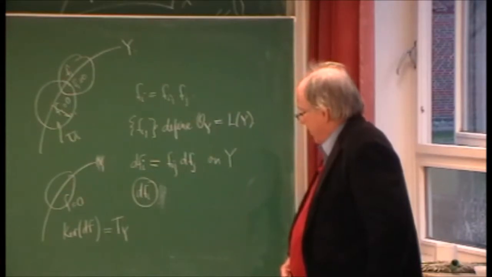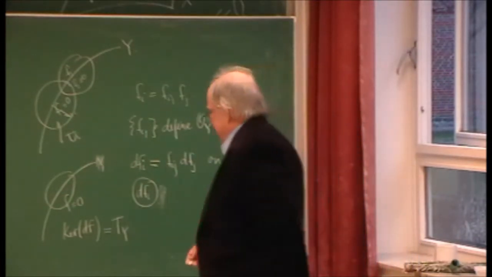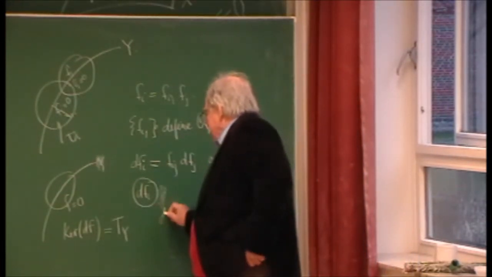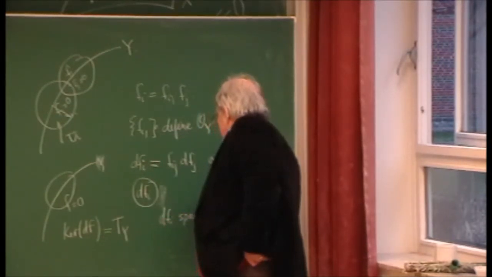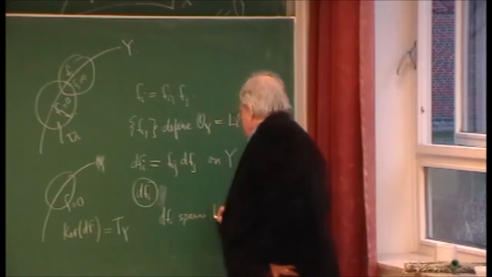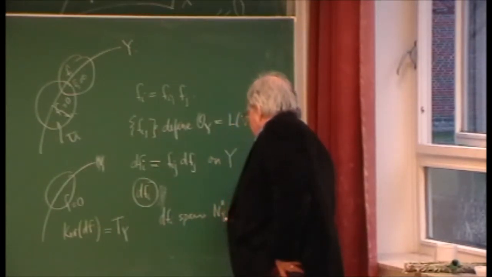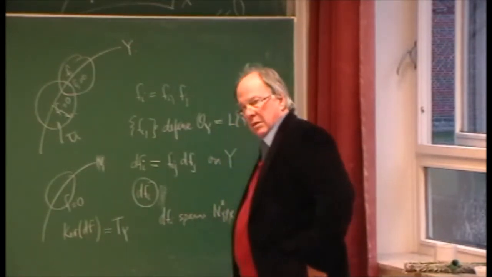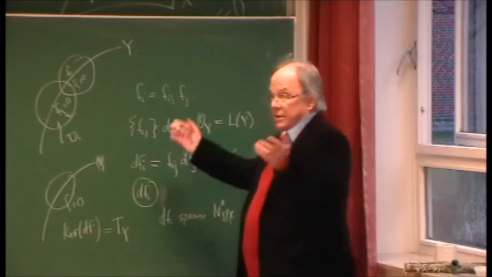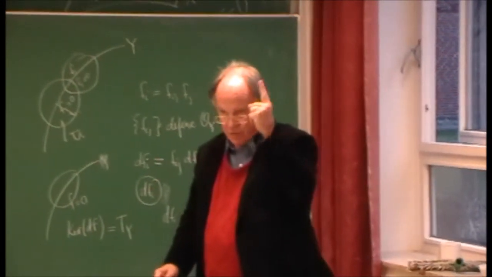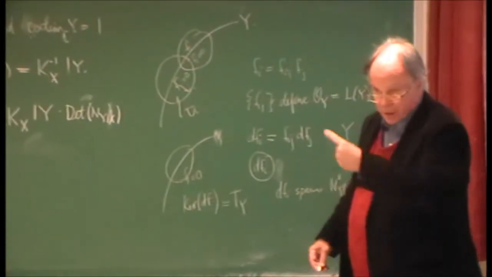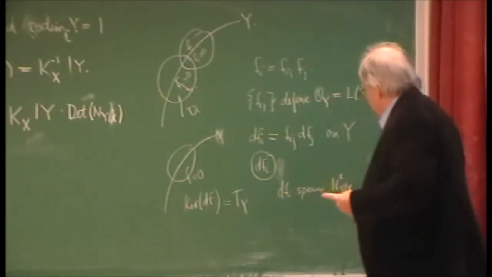And I mean, okay. It looks to me like this thing spans. You could regard this as spanning the dual space to the normal bundle, right? Oh yes, of course. Of course, it is a frame at each point for this dual bundle.